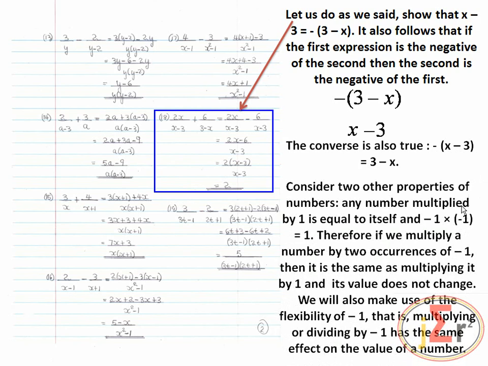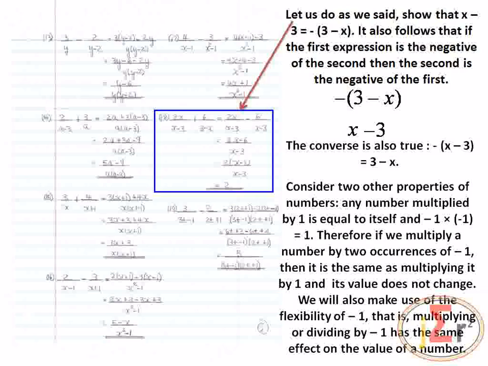Consider two other properties of numbers. That is what we are about to do. We will not just jump and do things without considering the underlying mathematical principles that may be involved. So consider two other properties of numbers. Any number multiplied by 1 is equal to itself.